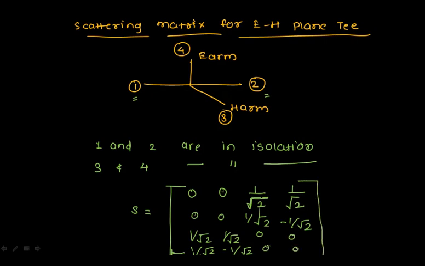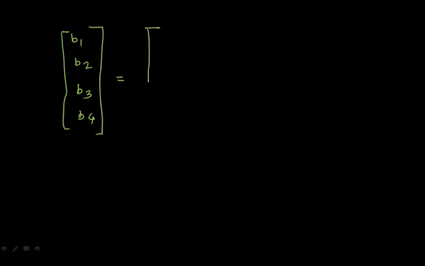Okay. So this is the scattering matrix. Now whenever we are representing the scattering matrix for the magic T, we say that these are the reflected waves B1, B2, B3, B4, because you have 4 ports, so 4 outputs will be there, and the same matrix you write over here.